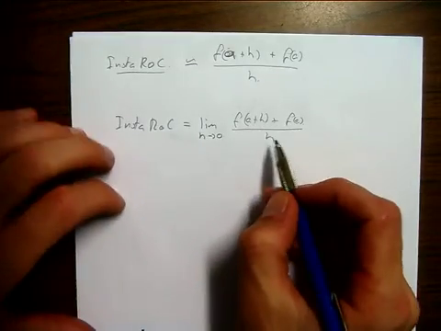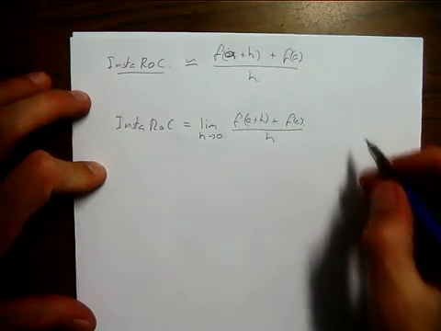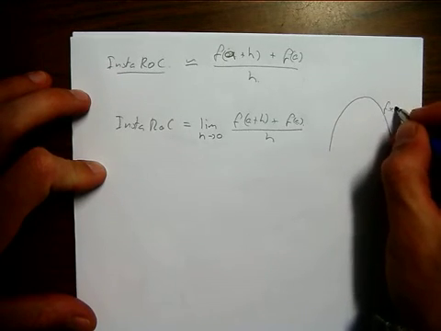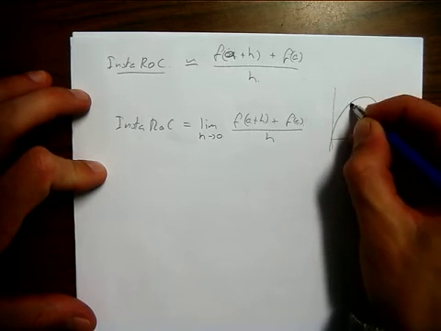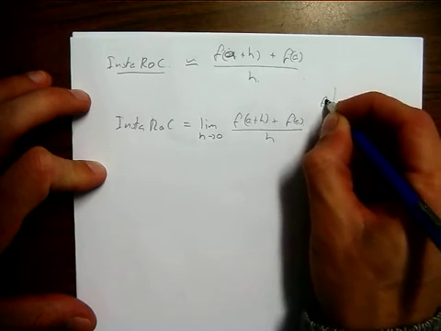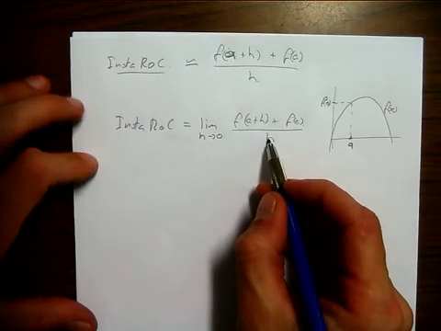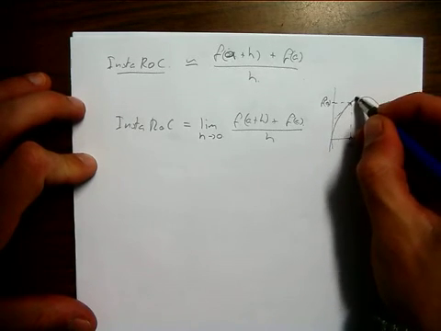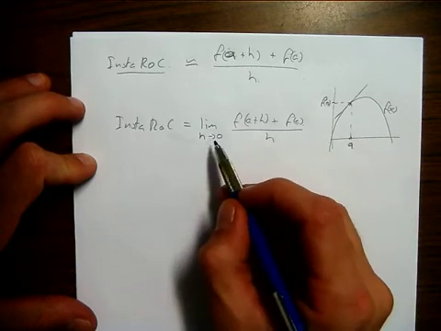So what we're saying is that on some function, this is f of x, at some point a, we have f of a, and we want to know the instantaneous rate of change, so the gradient of that tangent line is going to be given by this formula here, as h approaches 0.